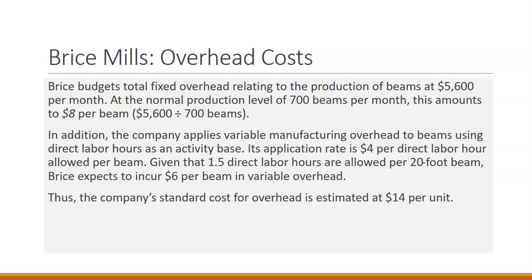Our rate is $4 per direct labor hour. Given that 1.5 direct labor hours are allowed per beam, we expect to incur $6 per beam in variable overhead. Therefore, our standard cost for overhead is $14 per unit, $8 in fixed costs and $6 in variable costs.